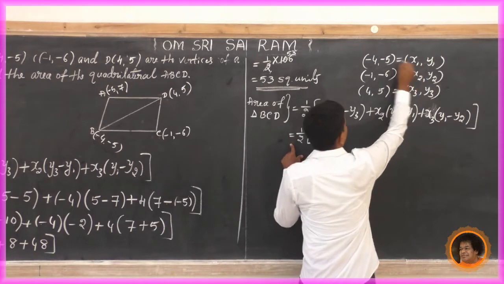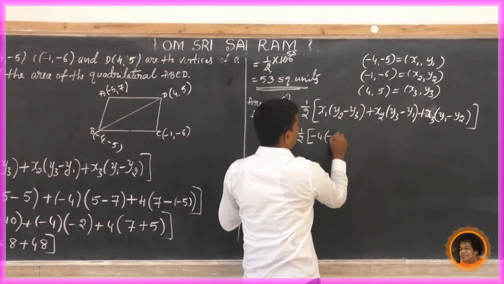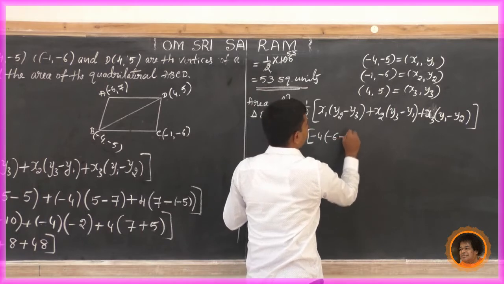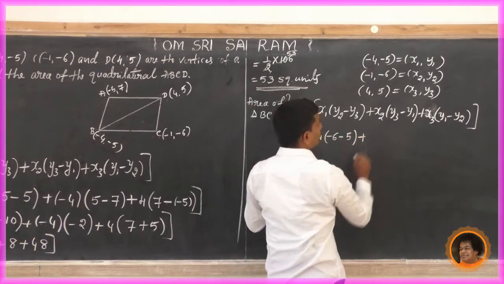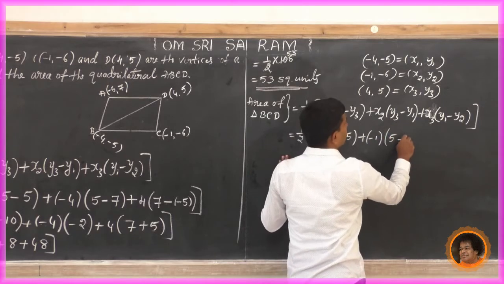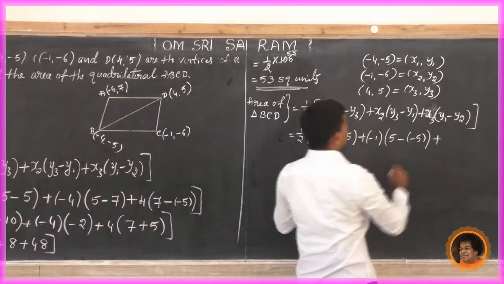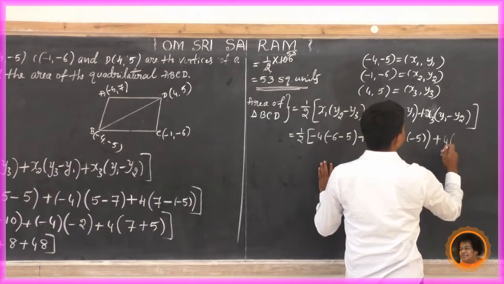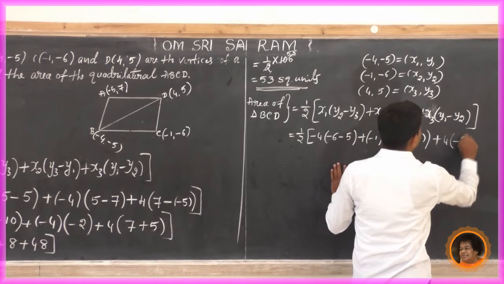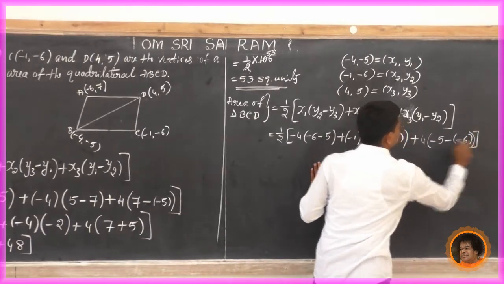Here the value of x1 is minus 4 into y2, minus 6, minus y3, 5, plus x2 value minus 1 into y3, 5, minus y1, minus 5, plus x3. So x3 value 4 into y1 value minus 5 minus y2, minus 6.